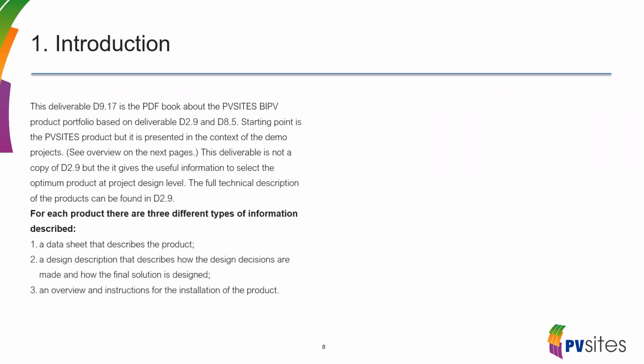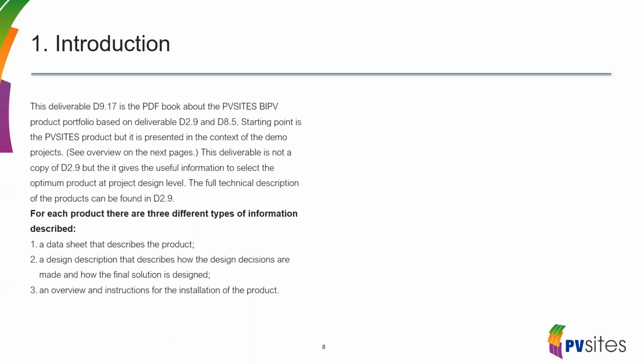It's actually, every product is separated in 3 parts. First start is the data sheet that describes the product and gives the data about dimensions, about the weight, the power, electricity, etc. This type of information is given for each product. Second, we have a chapter about the design description that describes actually how this product is used in one of the demonstration projects and how the design process went.